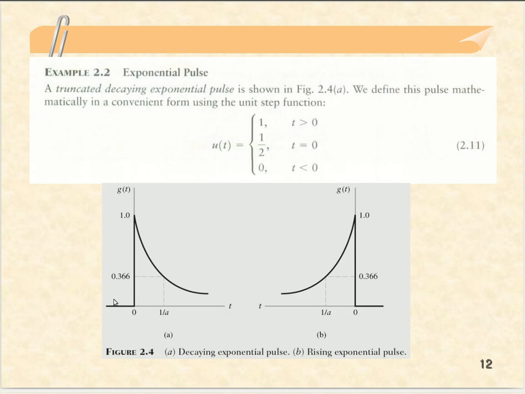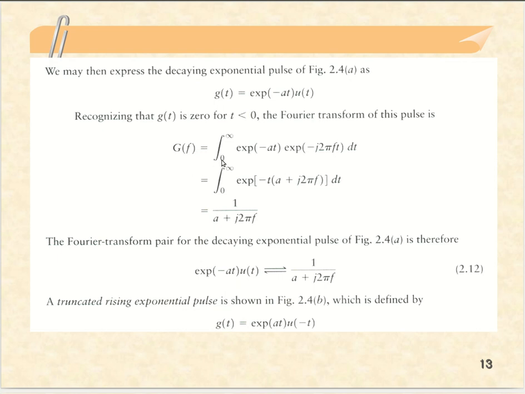Now our signal is 0 before 0. From minus infinity to 0 it is 0, so we make the integral from 0. Here the author of the book makes it from 0 to infinity, and he removes u of t because from 0 to infinity it is 1, so nothing will happen here. So only e to the minus a t multiplied by e to the minus j2 pi f t is left.